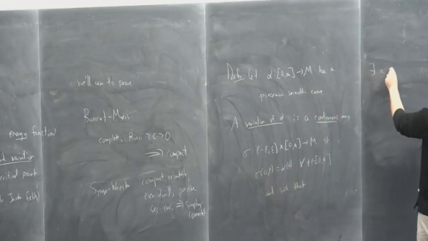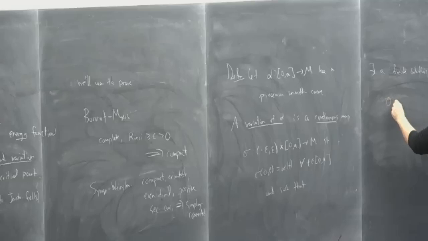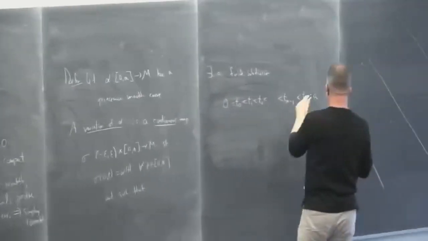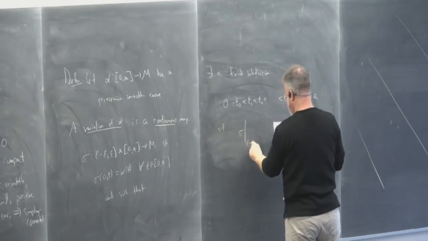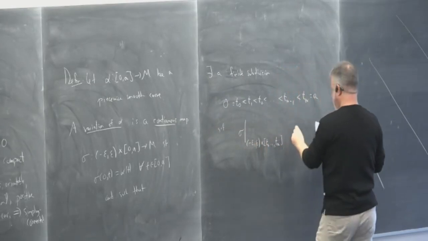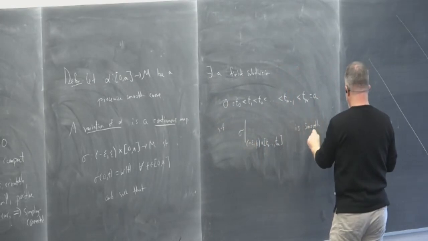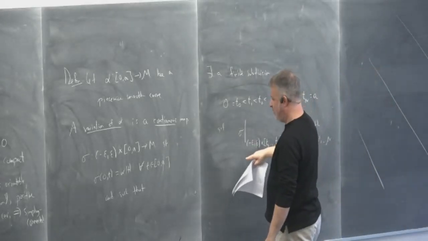there exists a finite subdivision t_0, which is 0, strictly less than t_1, t_2, up to t_{n-1} less than t_n, which is a, such that sigma restricted to (minus epsilon, epsilon) times [t_{k-1}, t_k] is smooth for k equals 1 up to n.